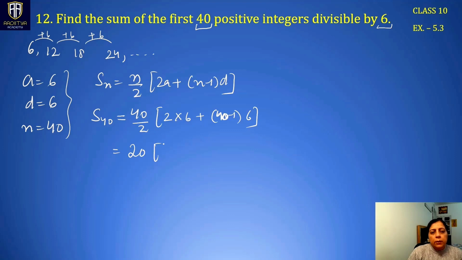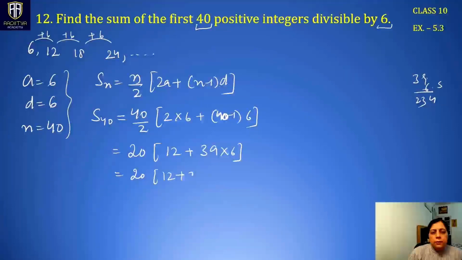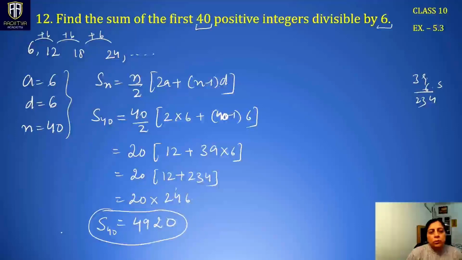This is 20 multiplied by 12 plus 39 times 6. 39 times 6 is 234. 12 plus 234, so we have 20 multiplied by 246. So S40 here is 4920.